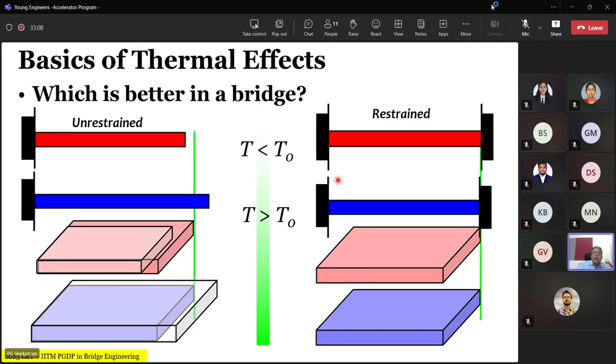Now, I would like all of you to do a calculation on a very typical bridge.